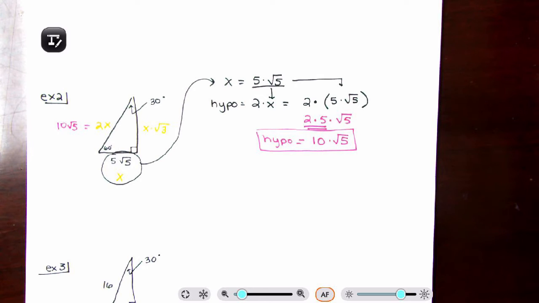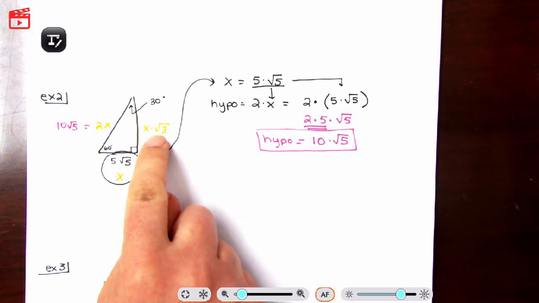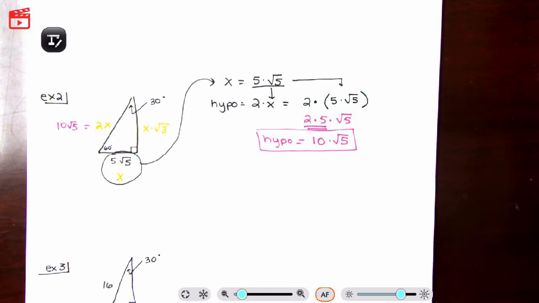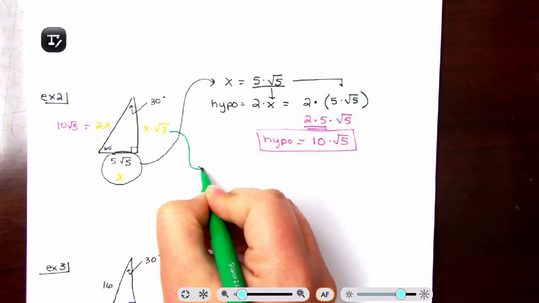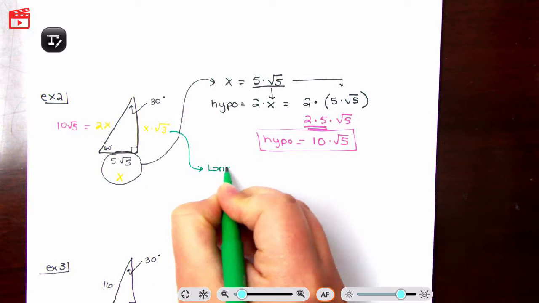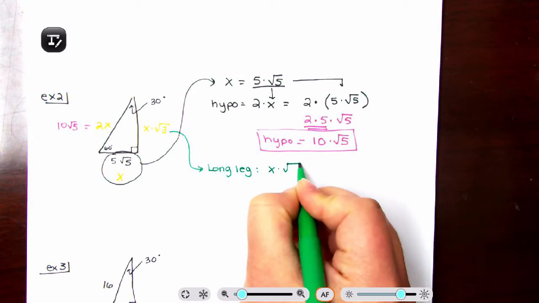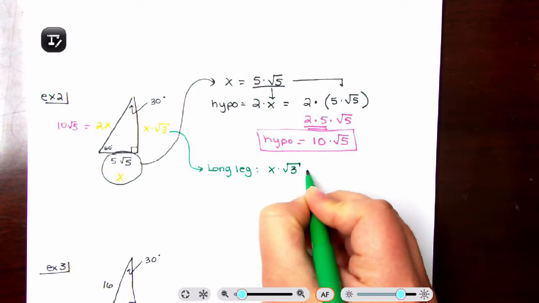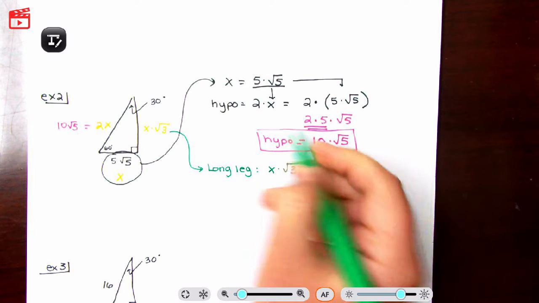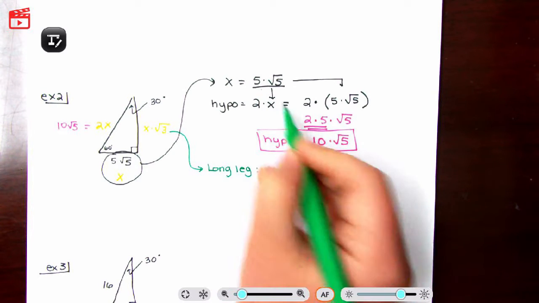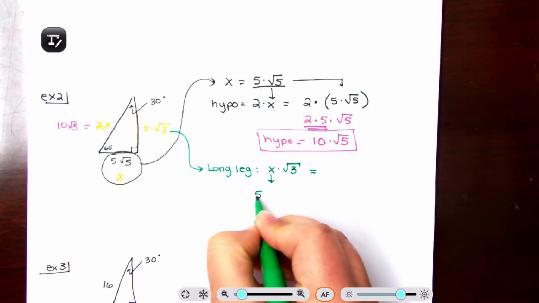And we're left with that third side, which is x times the square root of 3. So let's write that out. This is your long leg. And your long leg is x times the square root of 3. Well, we know that x, once again, is equal to 5 times the square root of 5. This is your x value.